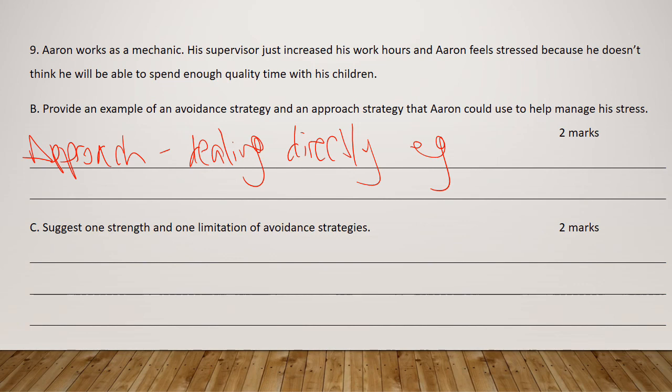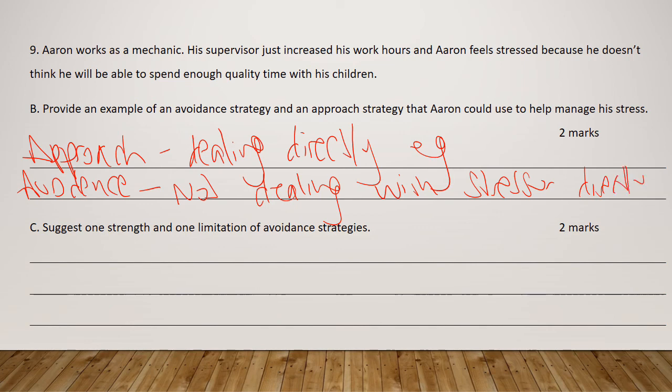Okay. In terms of avoidance, this is not dealing with the stressor directly. And so, for example, what he might do is he might just not think about it, he might vent, he might go to sleep, he might drink too much alcohol, okay?